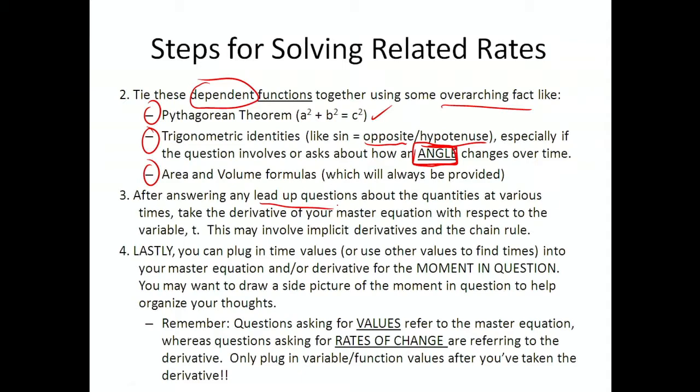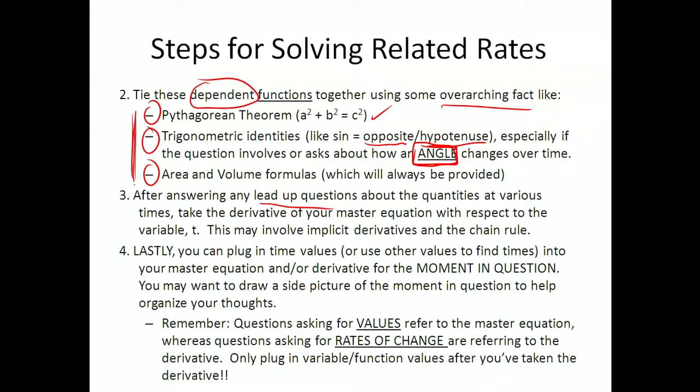That would be the speed. So in all of these problems, the main question is going to be, tell me at what rate does blah, blah, blah change at some specific moment. So in order to even be able to talk about the rate, I need to introduce a derivative, because that's what the derivative is, the rate, right?